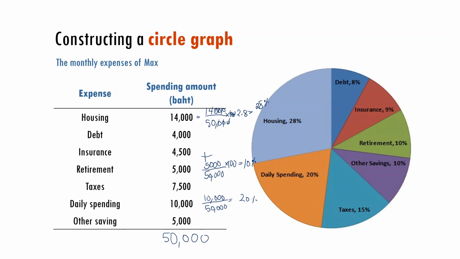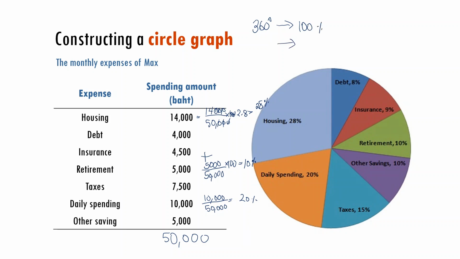To find out how many degrees each percent is, we can do some little calculations. As we know, one circle has 360 degrees, and that is considered 100%.